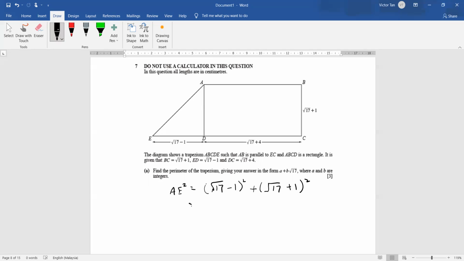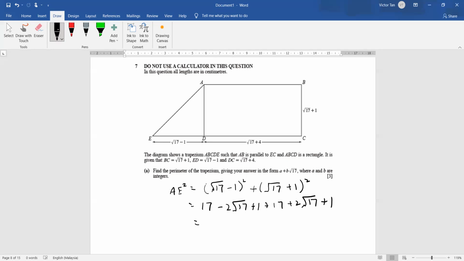So this will be 17 minus 2 root 17 plus 1 plus 17 plus 2 root 17 plus 1.